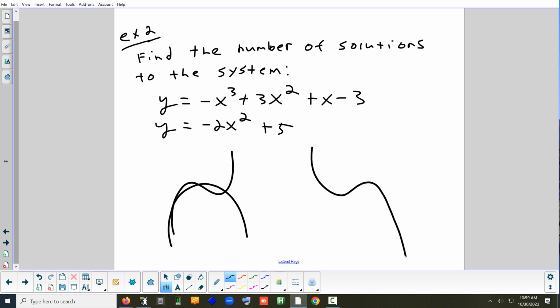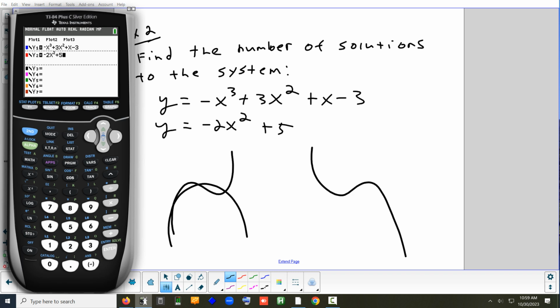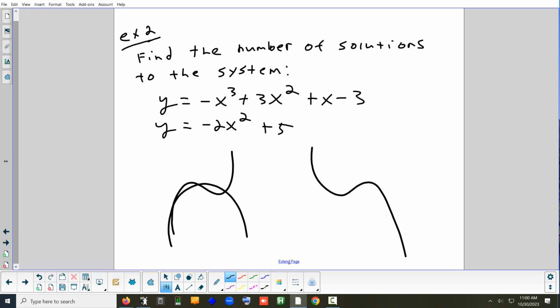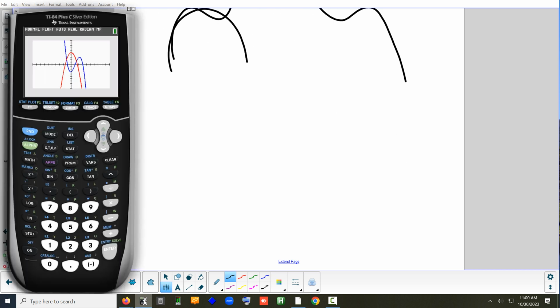Yeah, it's going to look more like the one on the right because the negative flips. All right, let's hit graph. So the one in blue that you're going to see first, there's your cubic. And the one you'll see in red is the quadratic. Okay, so let's look at that a little closer.